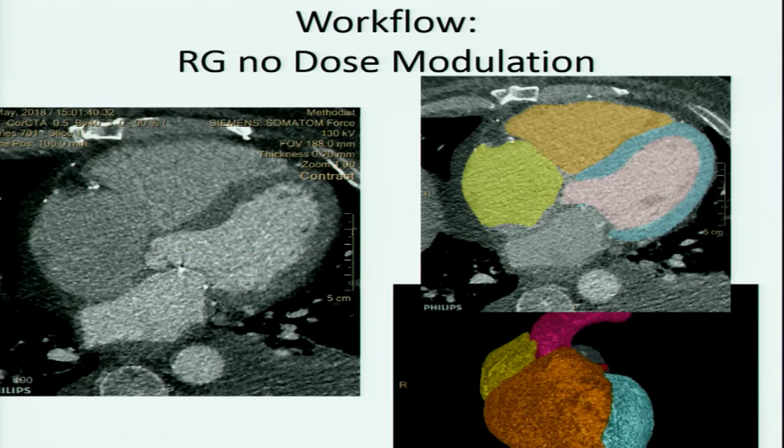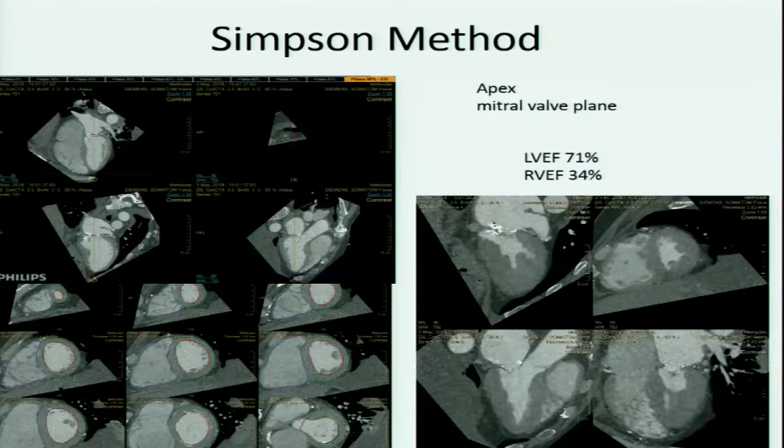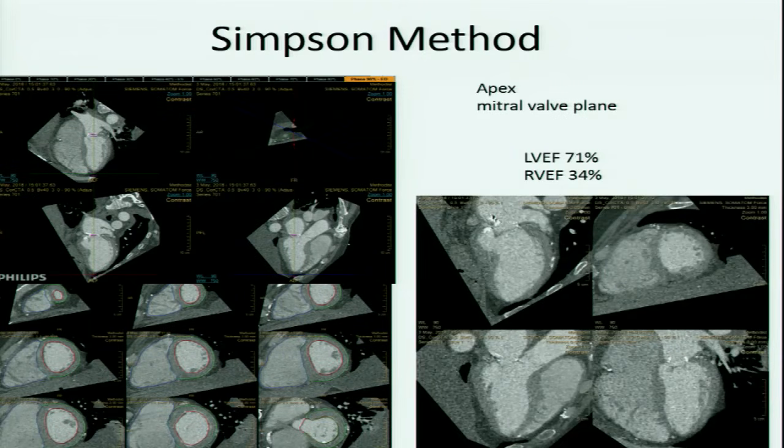If you look at the right ventricle, you can see the signal is quite suboptimal, but despite that, with artificial intelligence involved, the software is getting much better. As you can see right there, the RV function assessment was actually quite reasonable, and this is using the Simpson method.